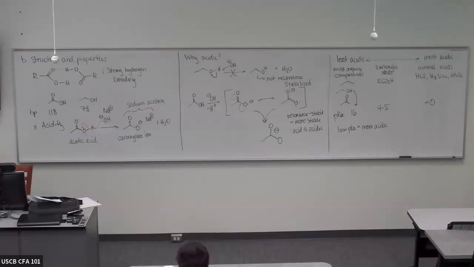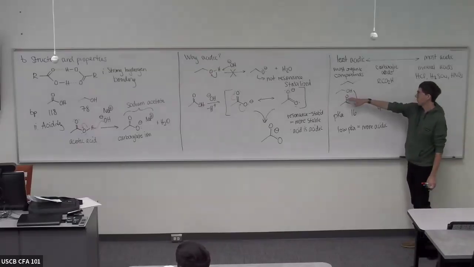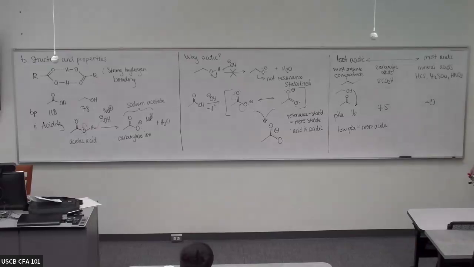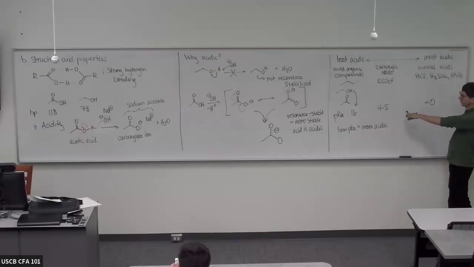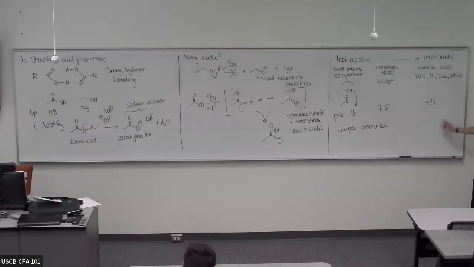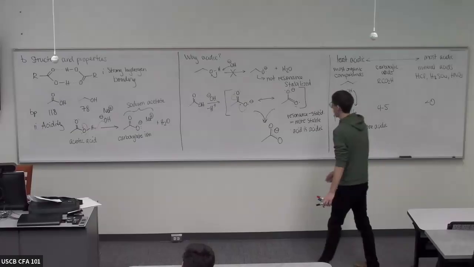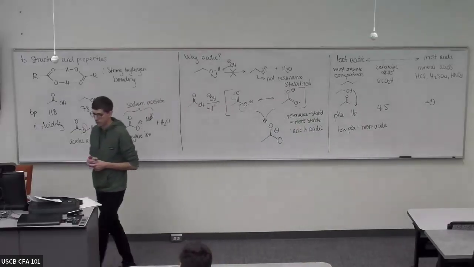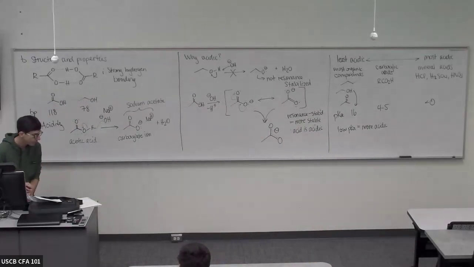That's a real scientific number. Ethanol is way less acidic than a carboxylic acid. So there are big jumps in between these, but I just want you to get the picture that carboxylic acids are a lot more acidic than most stuff that's going to be in the flask, but they're not significantly acidic compared to inorganics.